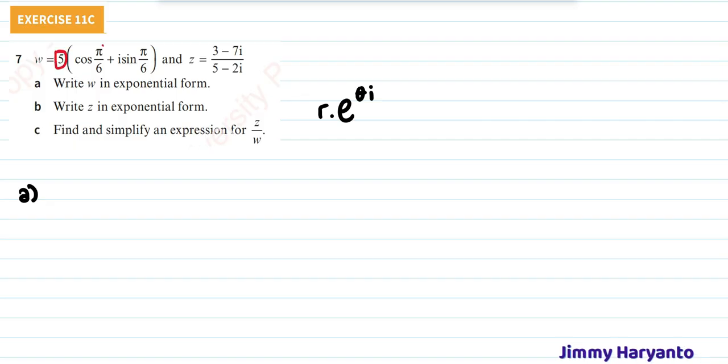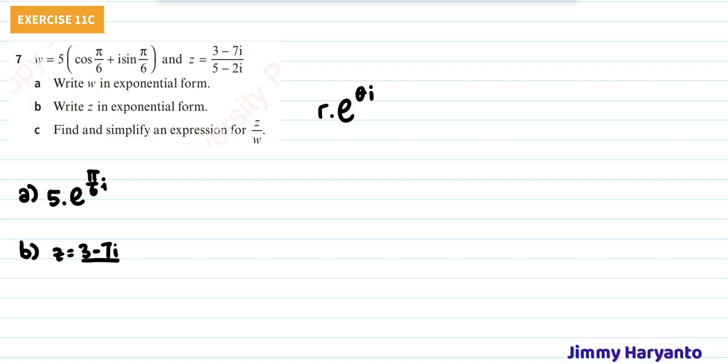This one is the r, this one is the theta. It means we can rewrite it directly like this: 5 times e to the power of pi over 6 i. That's it.